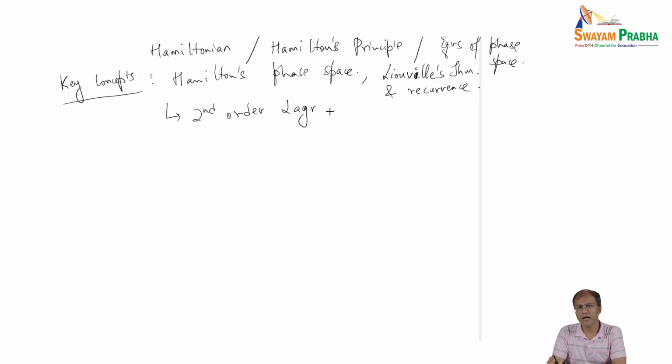So it turns out that using Hamilton's principle, we can reduce the Lagrange equation into two first order coupled ODEs, and so on. So for a system of n second order equations of the Lagrange equation of motion, we can reduce it to 2n first order ODEs for Hamilton's equation.